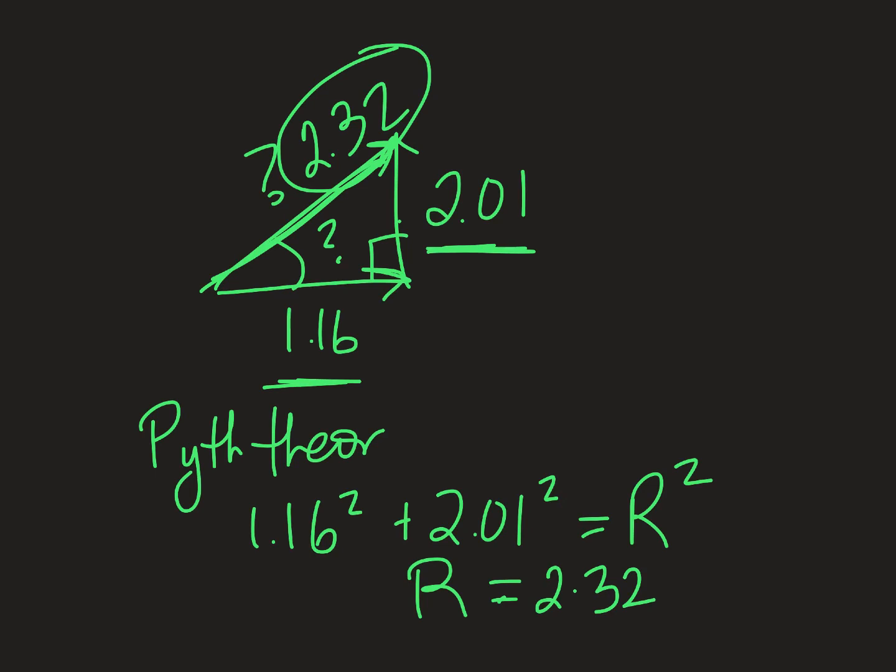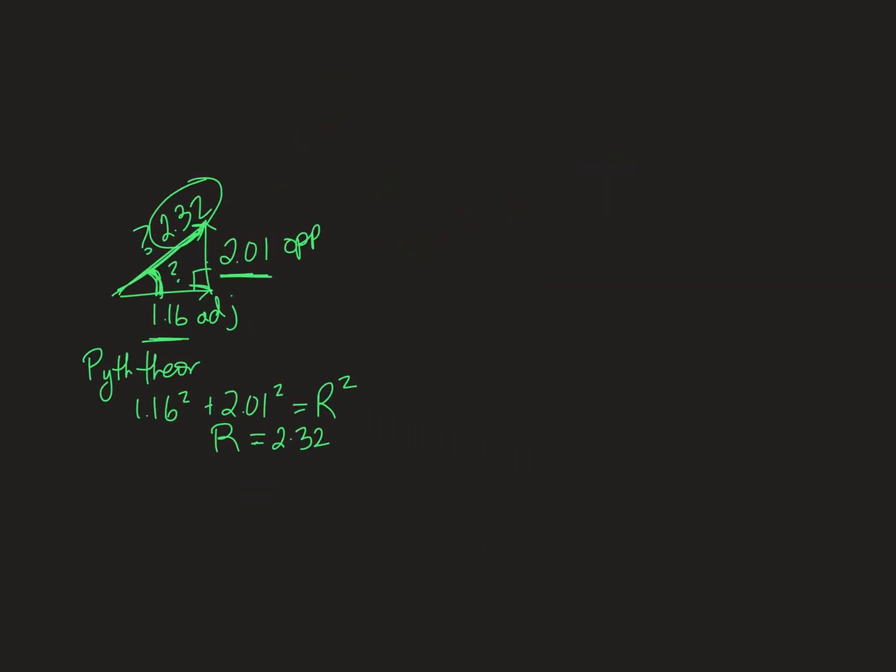And then to get the angle, so here's our angle, SOHCAHTOA. This one's the opposite. This one's the adjacent. So we're going to take the tangent of the angle, and that's going to equal the opposite, 2.01, divided by the adjacent, 1.16.